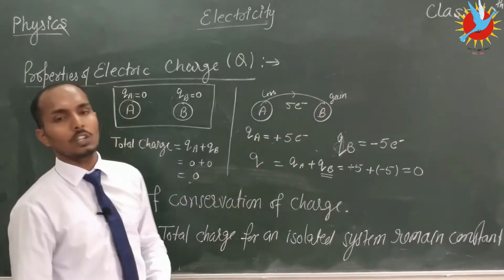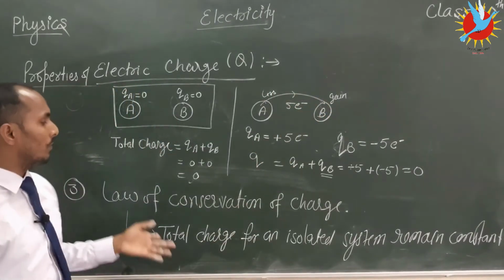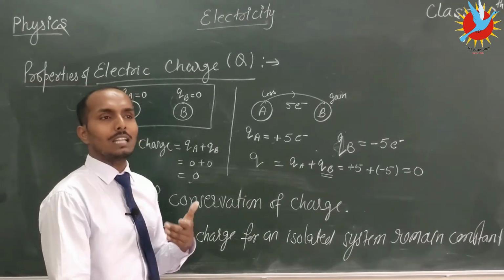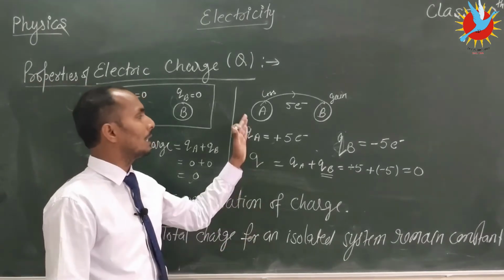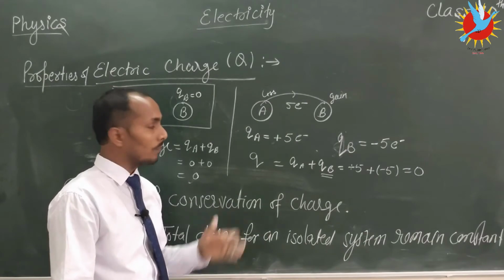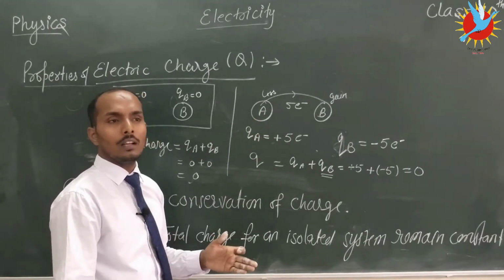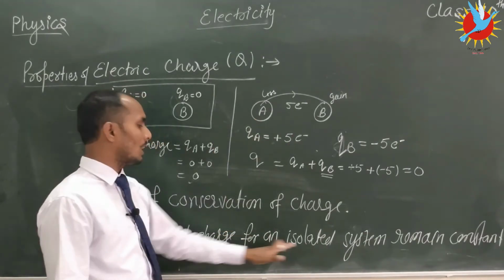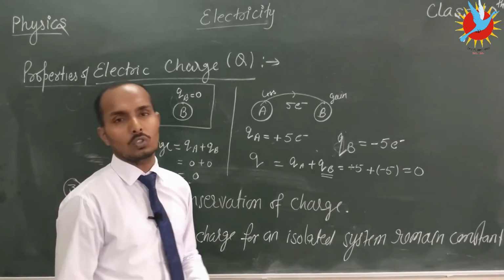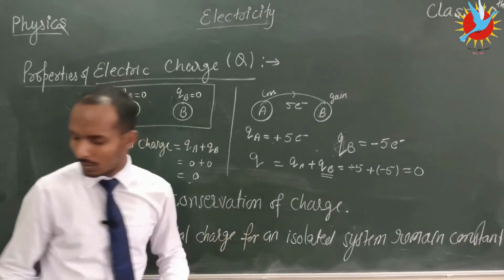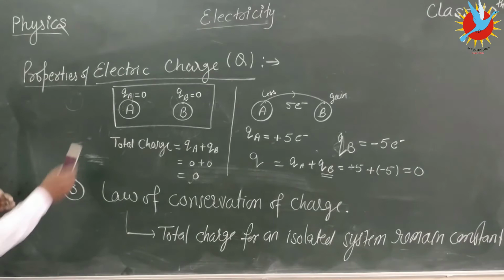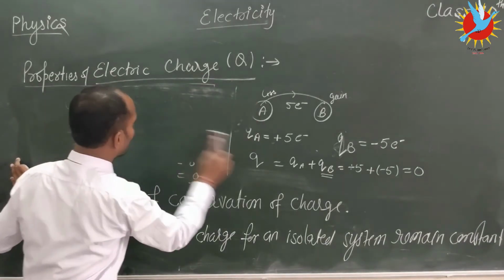The law states that charge can neither be created nor destroyed, but can be transferred from one body to another. This is the important property, that charge remains constant.